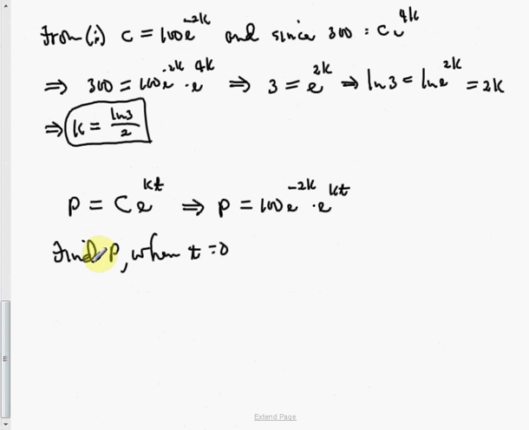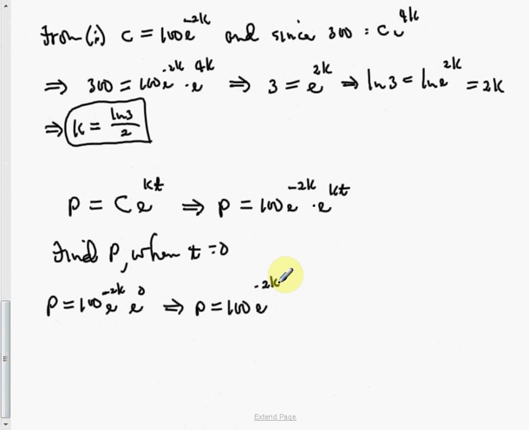Well, let's see. That becomes P is equal to 100 times e to the negative 2k, and this is e to the 0 because t is equal to 0. So here that implies that P is equal to 100 times e to the negative 2k.